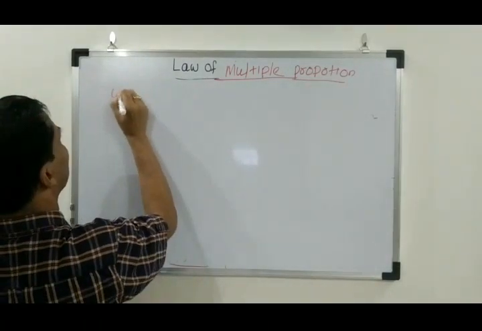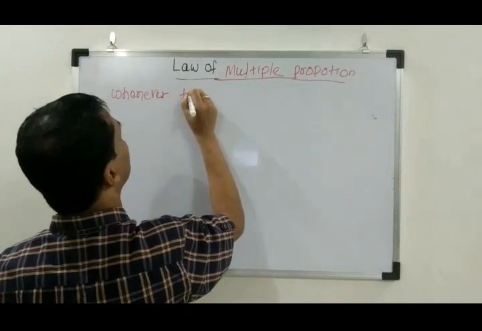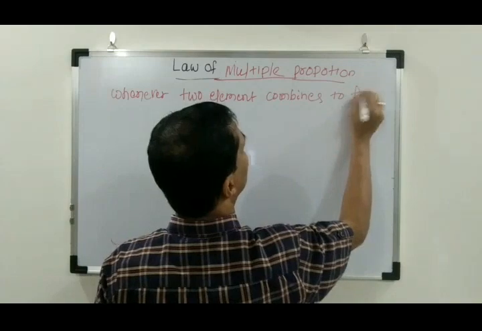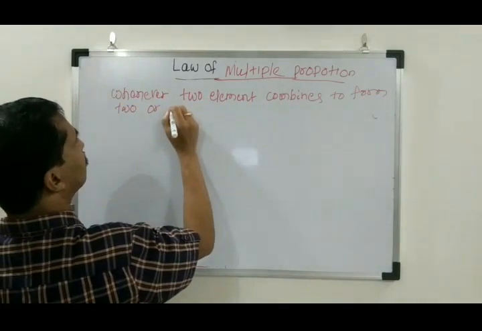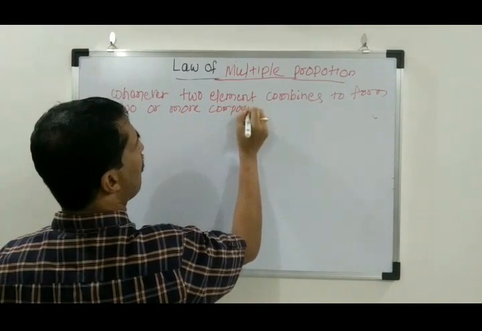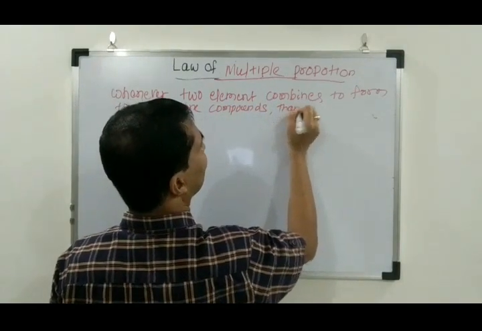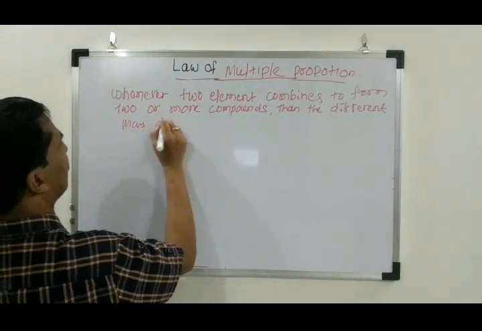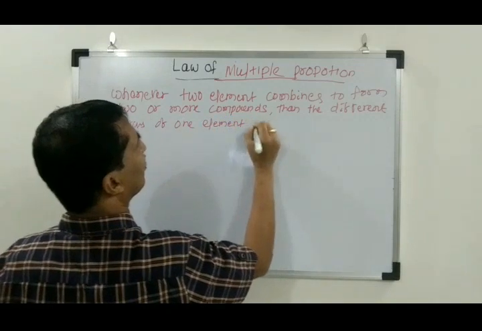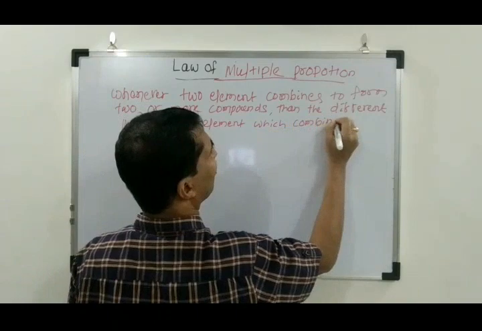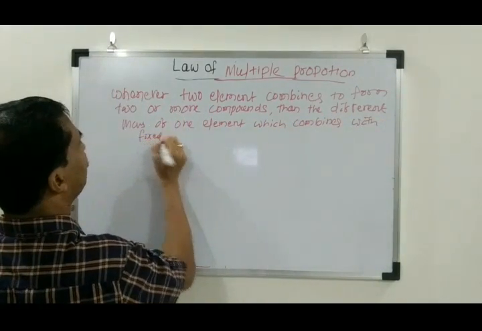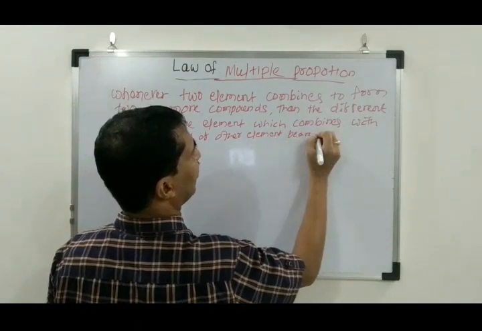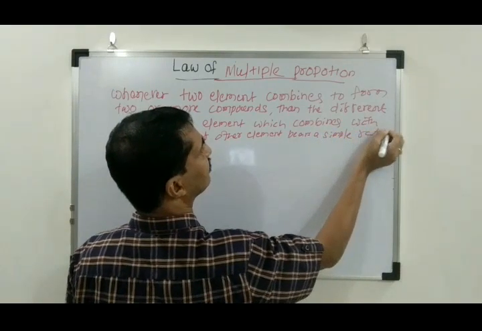Now I told, whenever two elements combine to form two or more compounds, then the different masses of one element which combine with a fixed mass of the other element bear a simple ratio to one another.